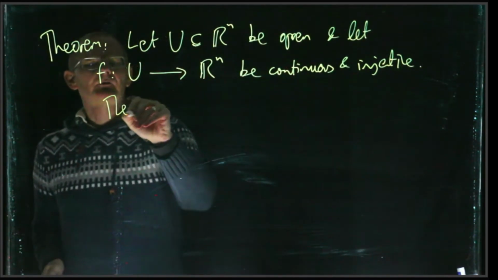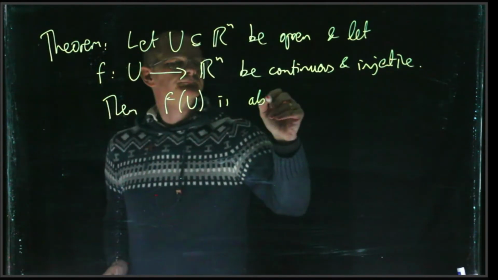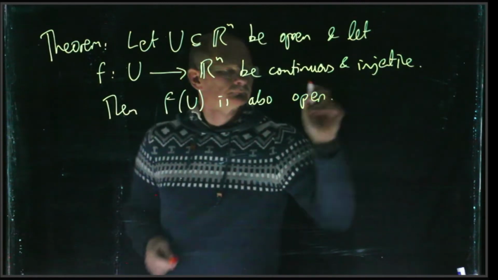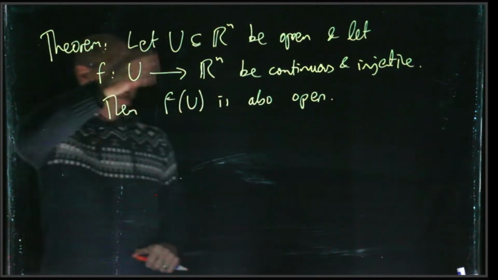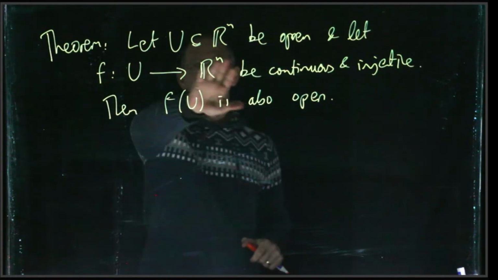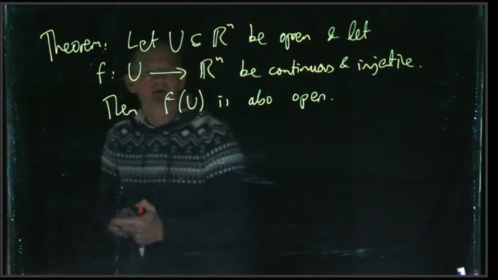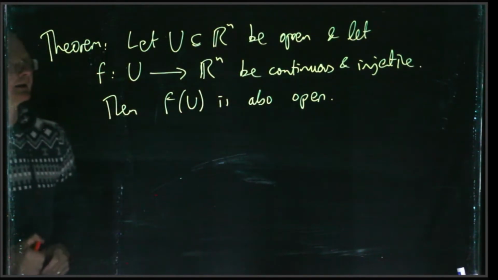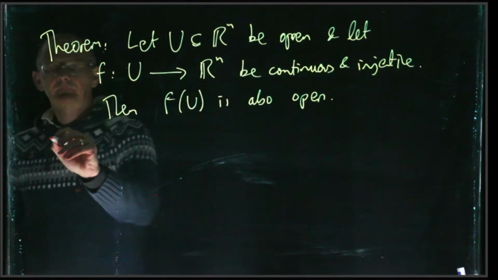Then the claim is that f of U is also open. Of course, if you want, you can say, if you take any open subset of U and apply f to it, then by the same logic f of that subset is also open. In other words, f sends open subsets to open subsets. Okay.